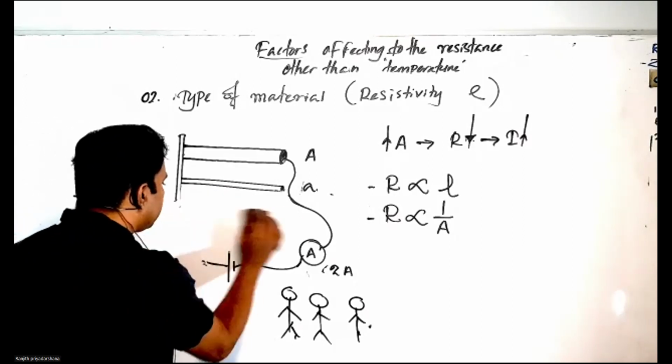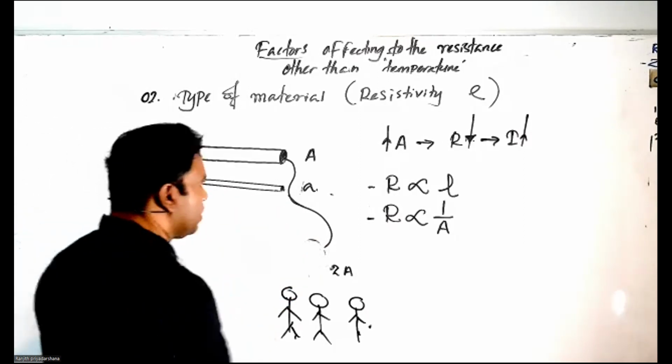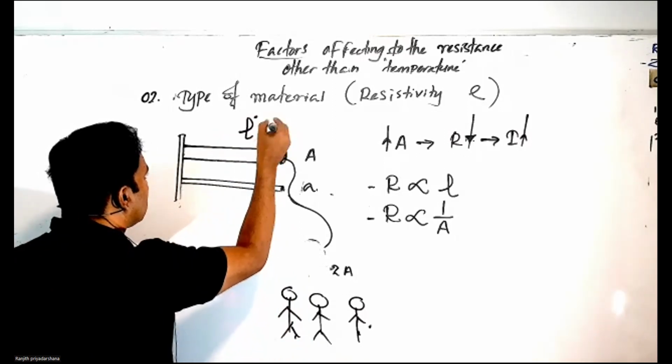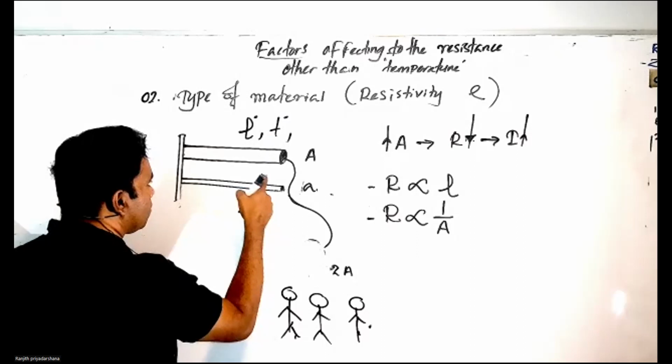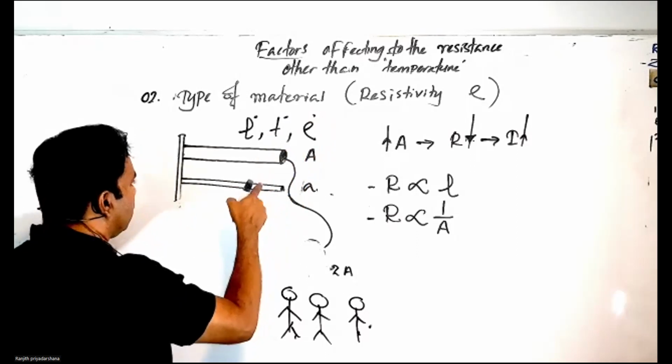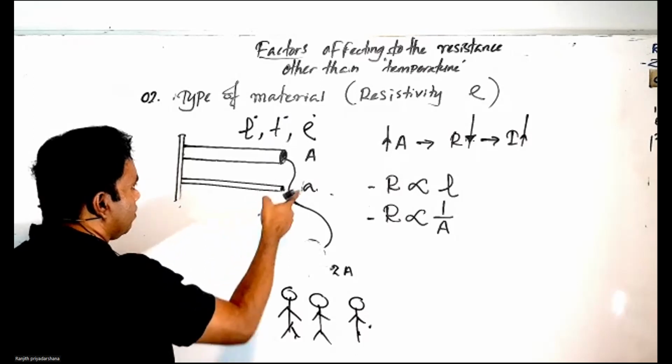We have to keep all other factors constant. Son, which factors were kept constant here? Length constant, temperature constant, and type of material constant. The only thing that varies is the area.